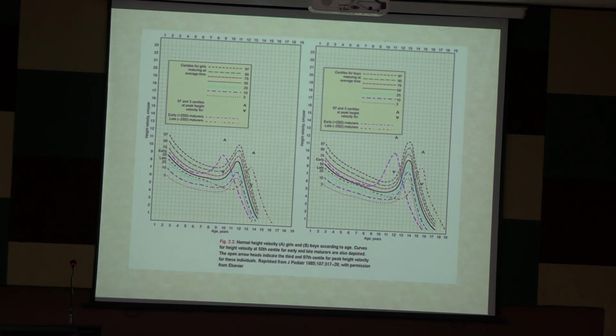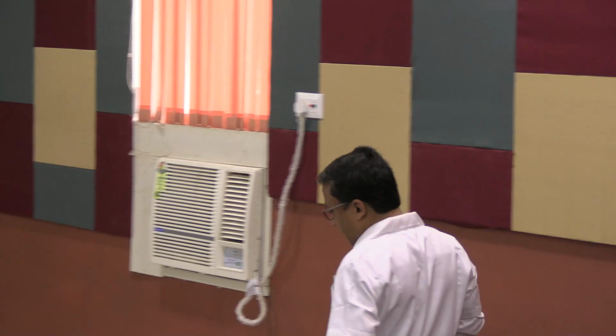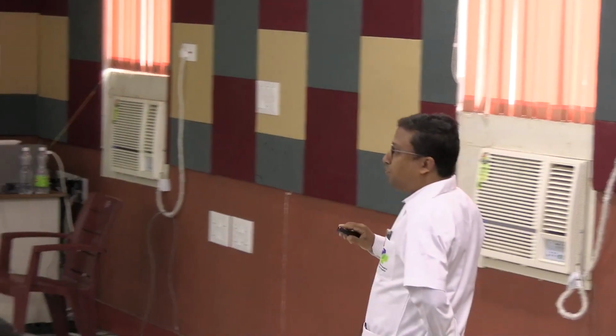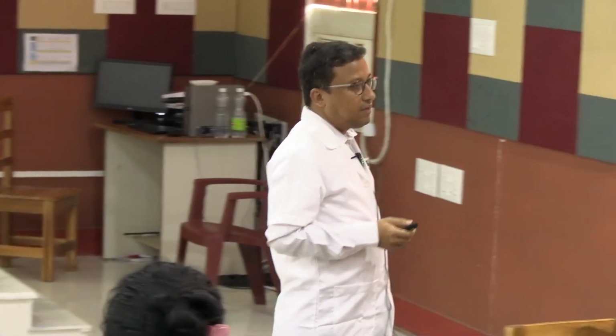So the growth spurt occurs earlier in girls, but their final height is lower, whereas in boys the growth spurt starts later but the final height is more than the girls. So I have already told you that growth is not uniform throughout life. There are certain periods of life when the growth rate is high, sometimes it is slow, sometimes it is steady.